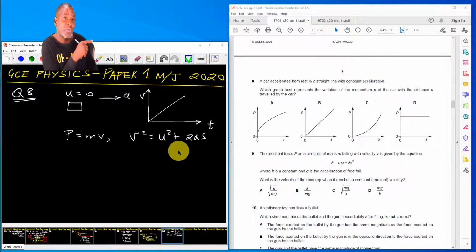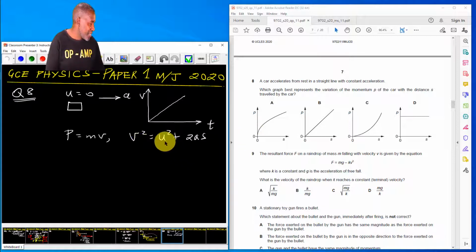And you can see this question is about motion where the acceleration is uniform. So I've chosen this because I want to see how the velocity changes with the displacement, so that I can replace the velocity here with displacement. So u is 0, so v squared is going to be equal to 0 plus 2as.